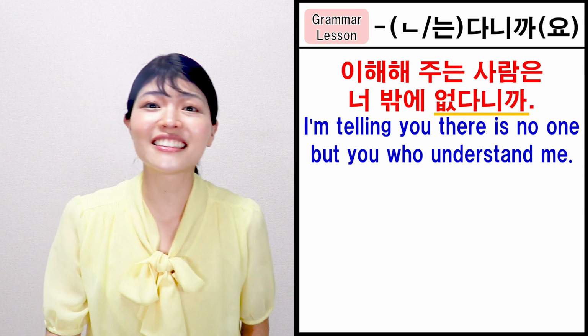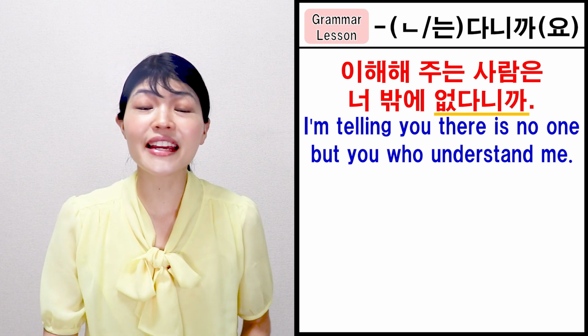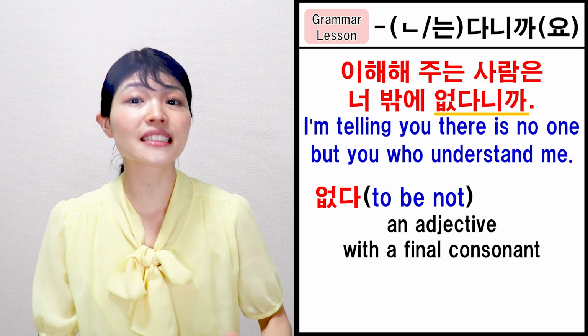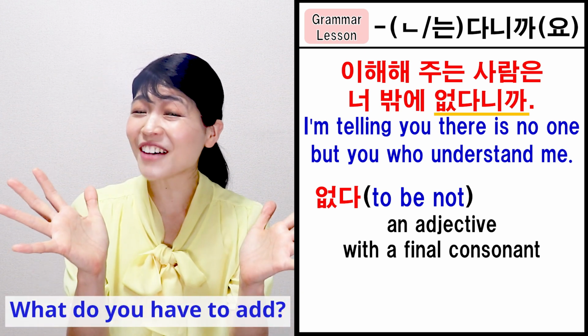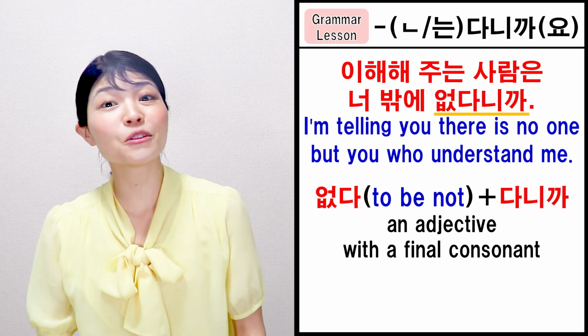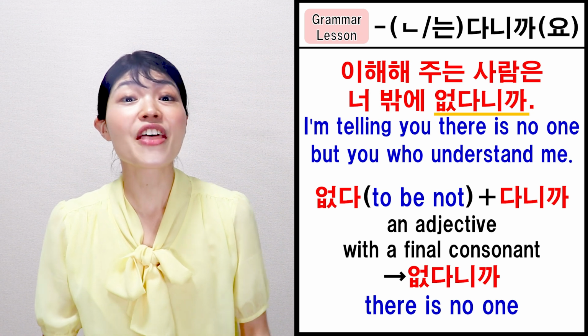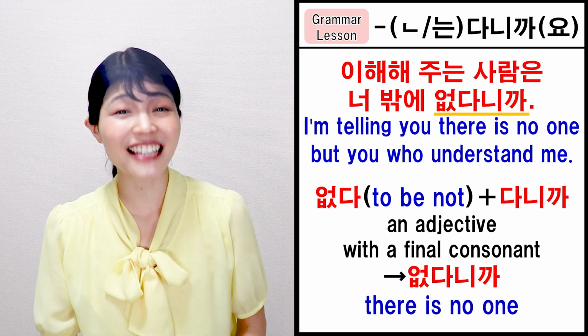Sounds like a cheesy sentence which might appear in Korean dramas. Anyway, here, 없다, to not be, is an adjective with a final consonant. So what do you have to add? 다니까. Right. So it becomes 없다니까. There is no one, which emphasizes what the speaker wants to say.